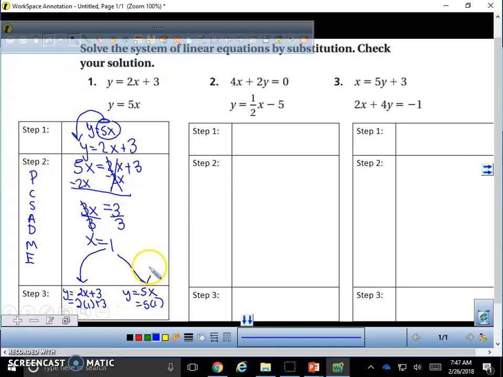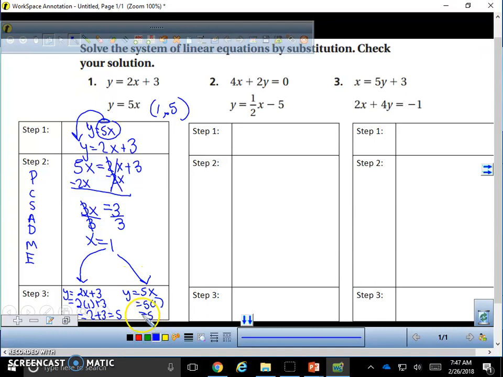If we did everything right in step 2, then we will get the same answer here. 2 times 1 is 2, plus 3 is 5, and 5 times 1 is 5. Did we get the same thing? Yes, we did. And the answer is 1 for x and 5 for y. Right down here is where we found y.